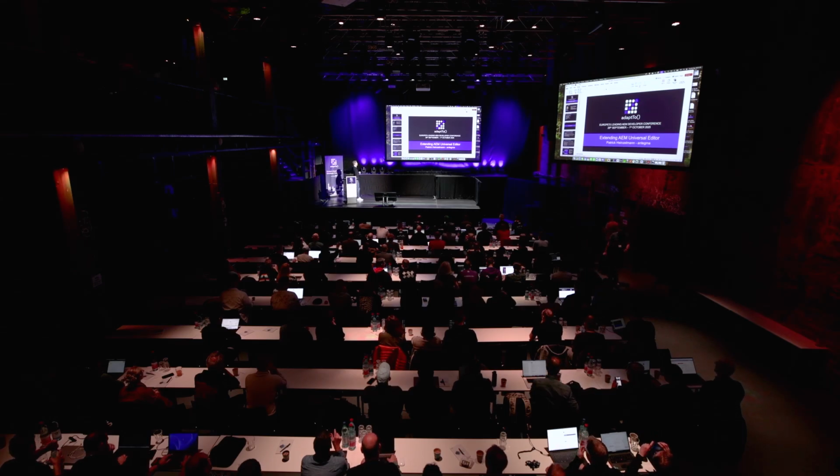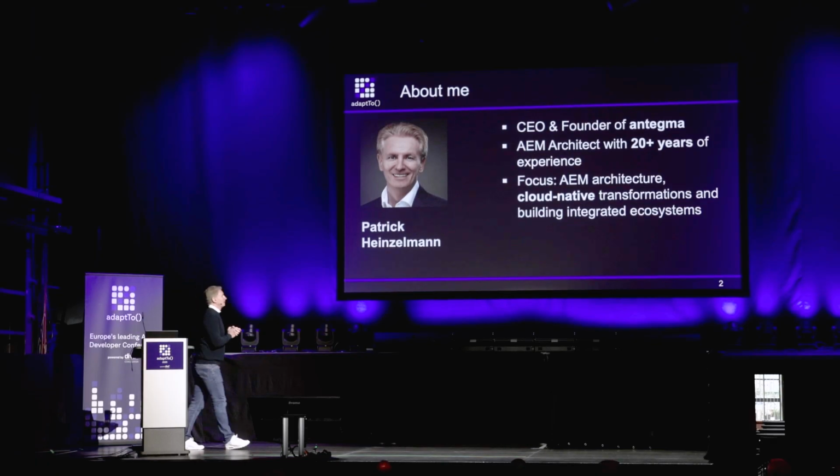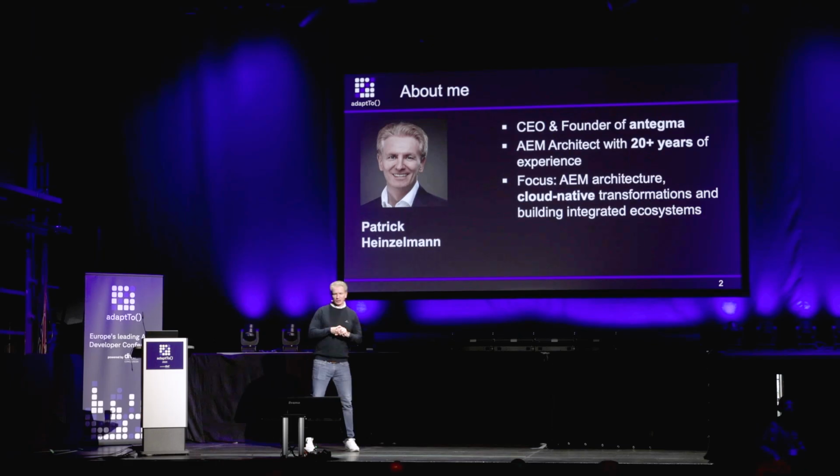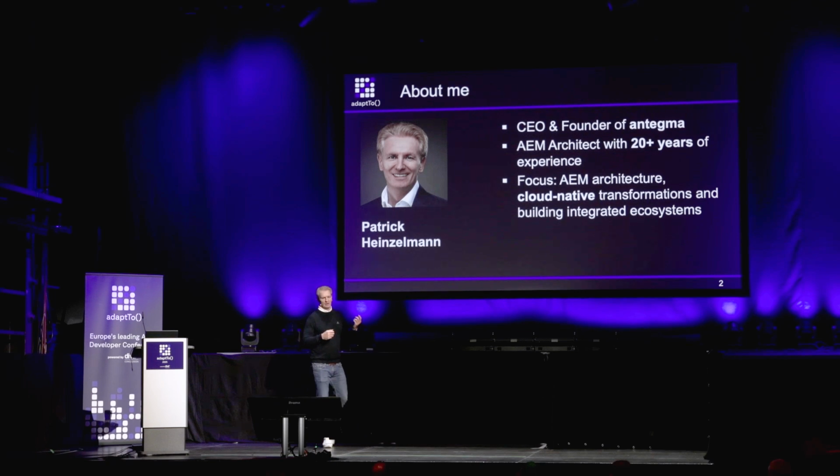Basically, my day-to-day business looks like I'm building AEM architectures, building cloud-native solutions, and focusing heavily on integrated ecosystems. Today, more or less, everything we do is around content supply chain.